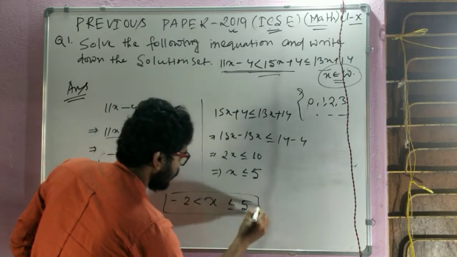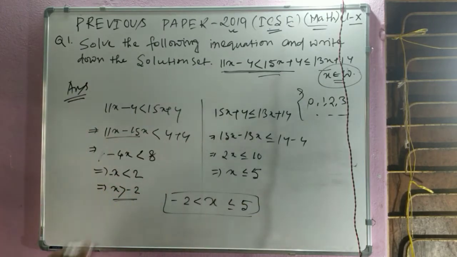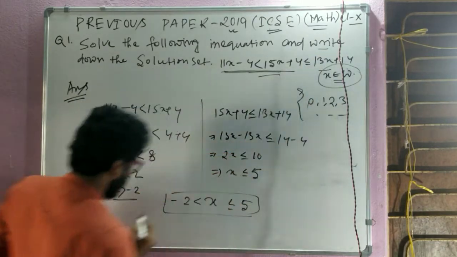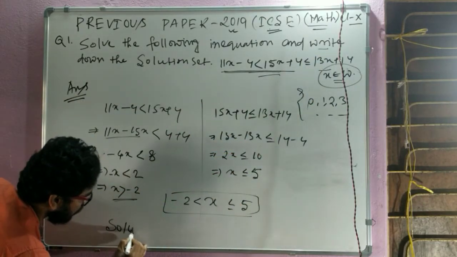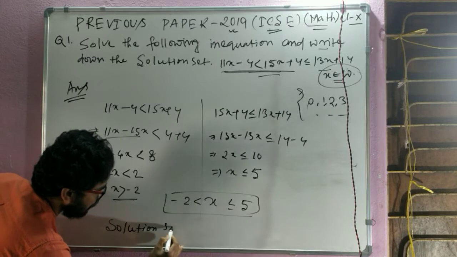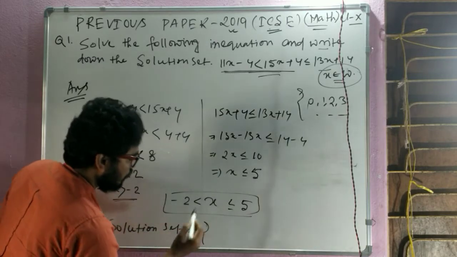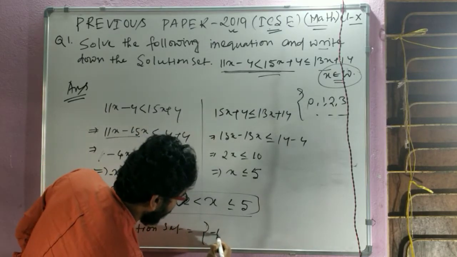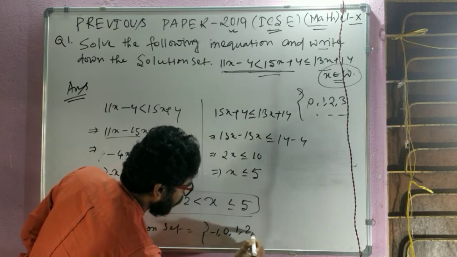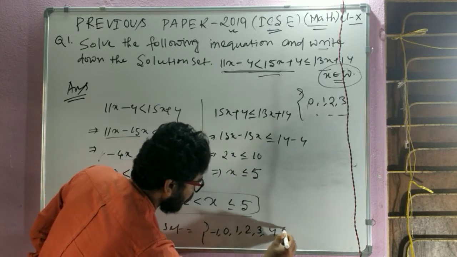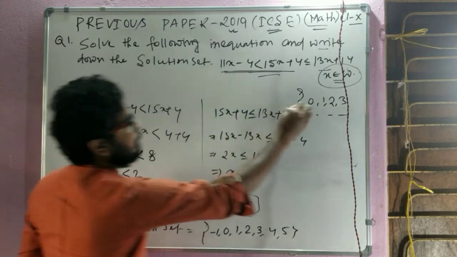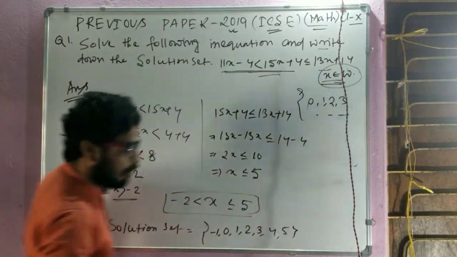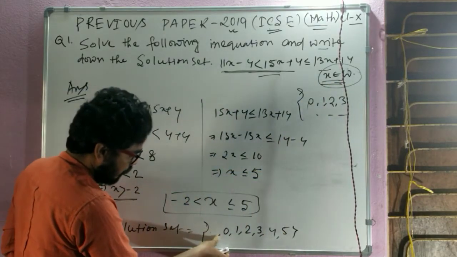This is the solution set: minus 1, 0, 1, 2, 3, 4, 5. Sorry, x is a whole number, so minus 1 is cancelled.